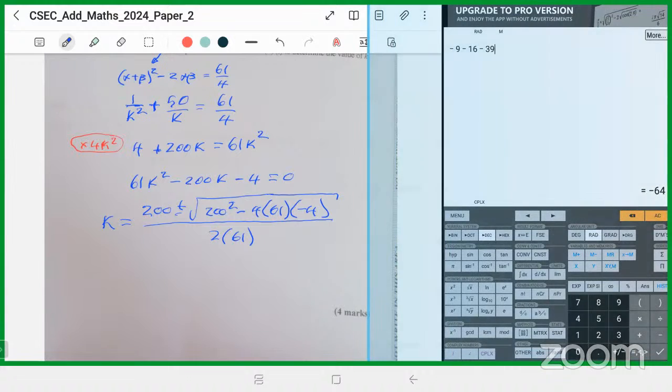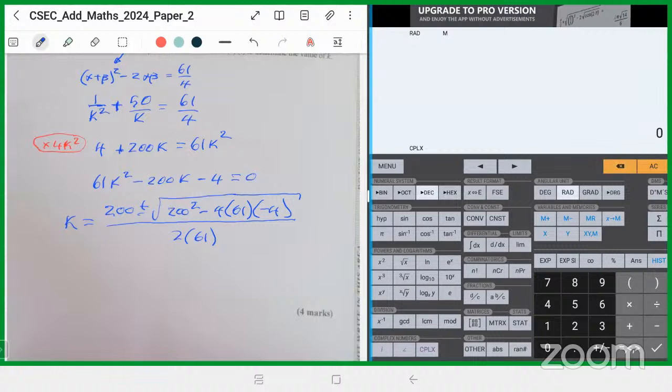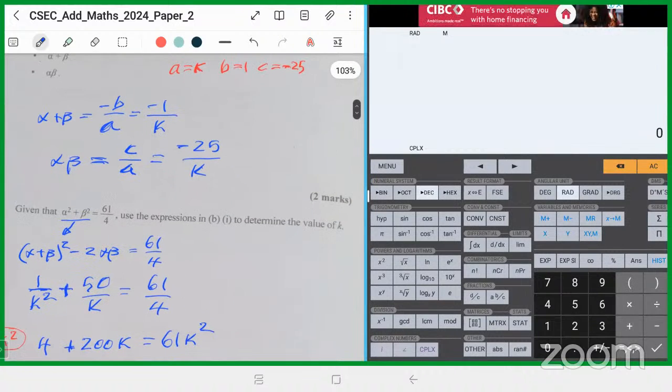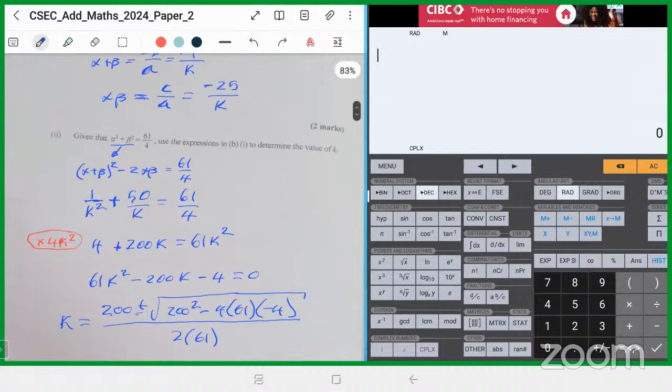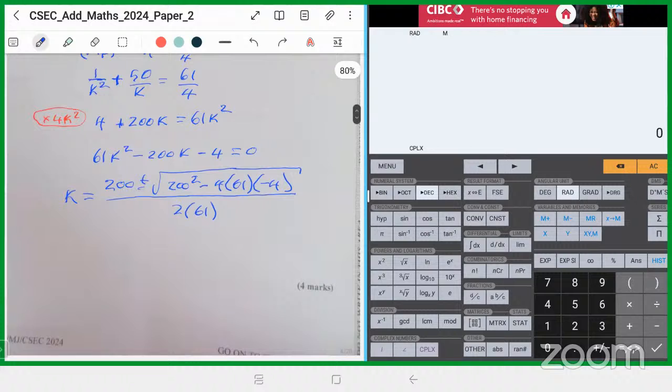Alright, so I'm supposed to get a whole number for k, remember? I didn't say possible values of k, I just said a value of k. Alright, so let's see. Let's do the plus first. Plus square root. I want the square root up here.